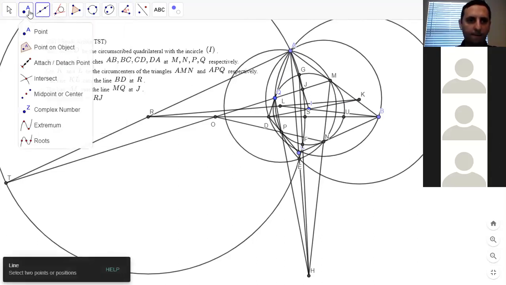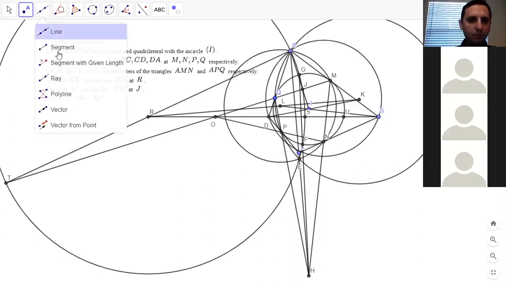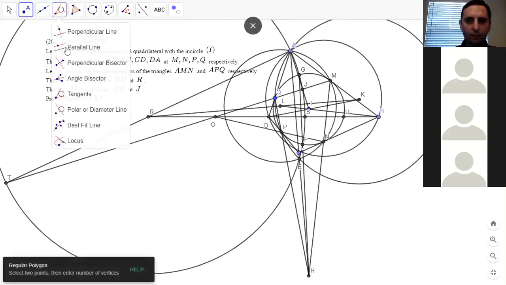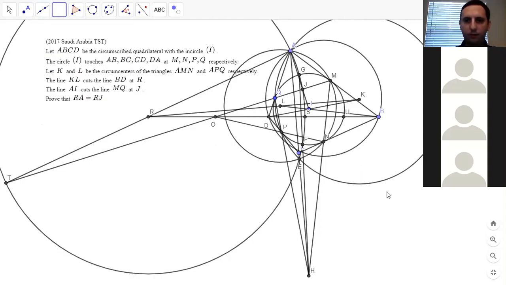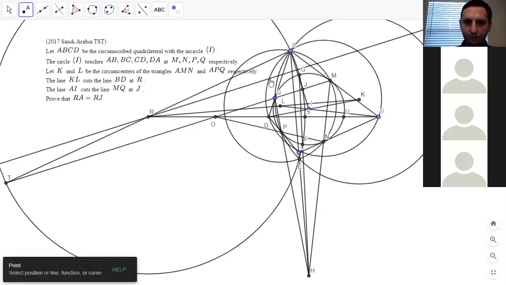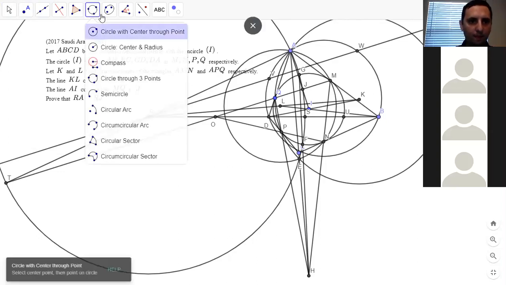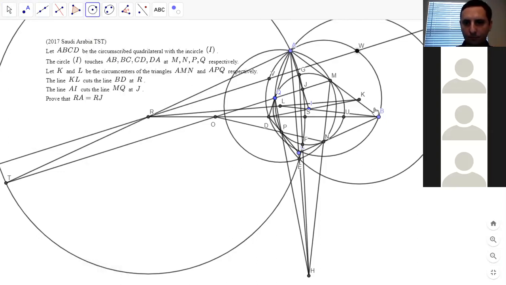So if I draw the perpendicular bisector, and I try to see where it meets this circle, is there anything special about these points? So W, it's not the midpoint of arc AB.